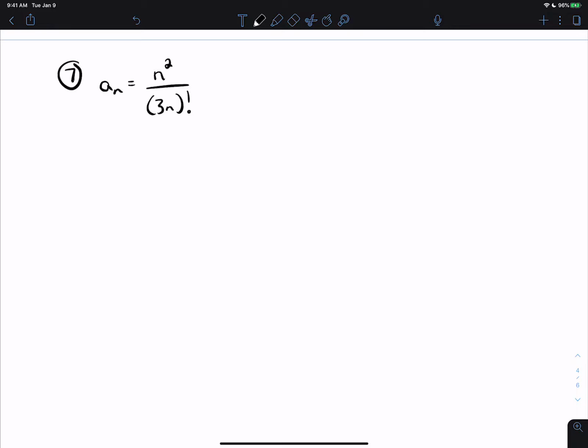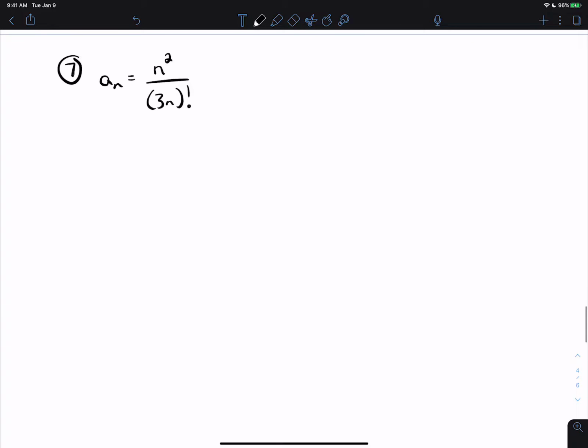The second method, converting to f of x, because of the way we define factorials so far, there's no way to define the factorial when we talk about non-integer values of n. So we can't really do f of x equals x squared over 3x factorial.